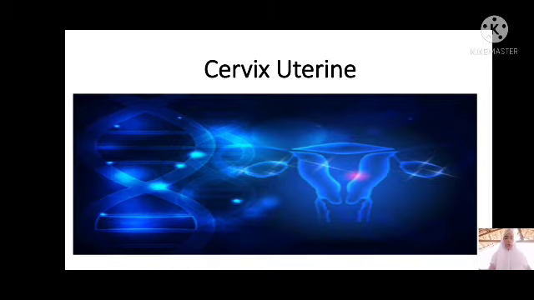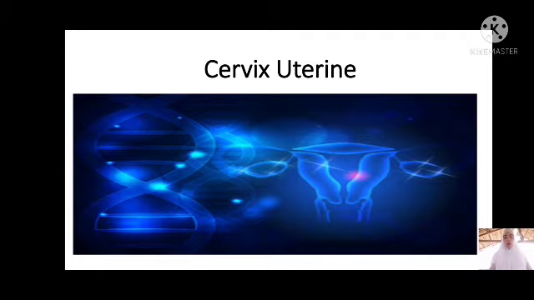So, my report is about cervix uterine. So, what is cervix? So, the cervix or cervix uteri is the lower part of the uterus in the human female reproductive system. The cervix is usually 2 to 3 centimeter long and roughly cylindrical in shape, which changes during pregnancy.